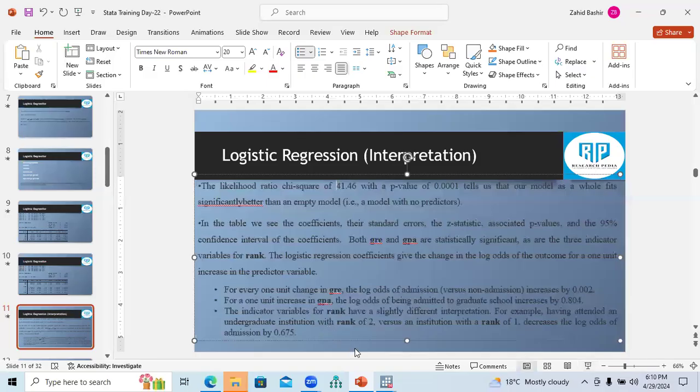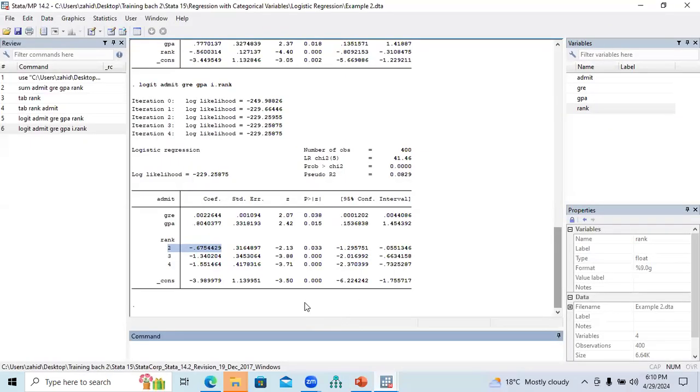In the same way, you can interpret each one of them. Having attended a rank 2 undergraduate institute, as compared to a rank 1 institute, decreases the log odds of admission by 0.6754. Having attended a rank 3 institution as compared to a rank 1 institution decreases the log odds by 1.3402.